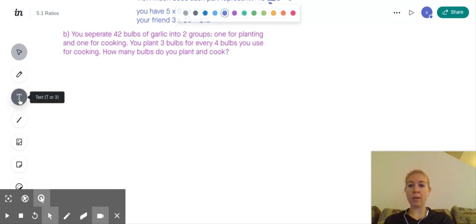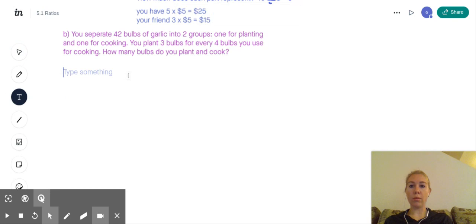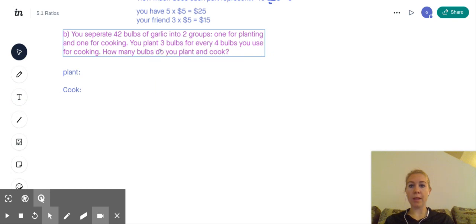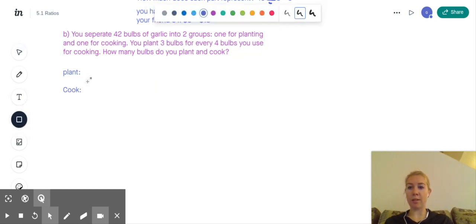Okay, so what are we comparing? We're comparing the bulbs you plant and the bulbs you cook. Okay, and we know that we plant 3 bulbs. So let's draw a tape diagram for 3 parts.